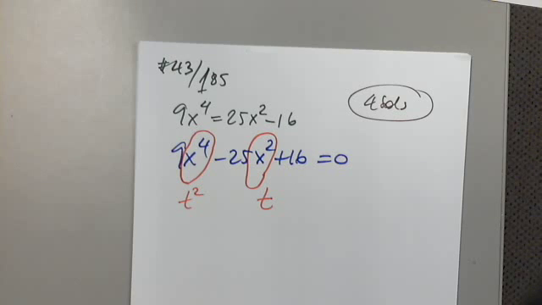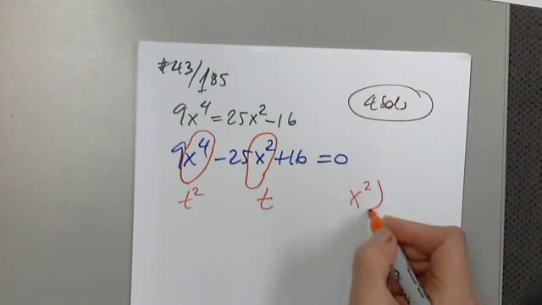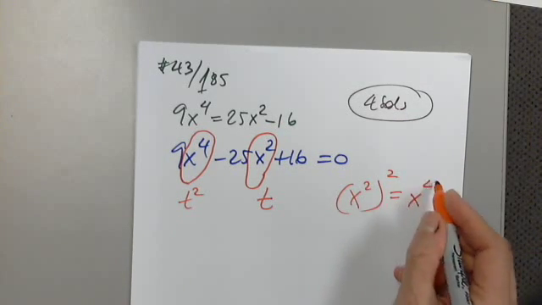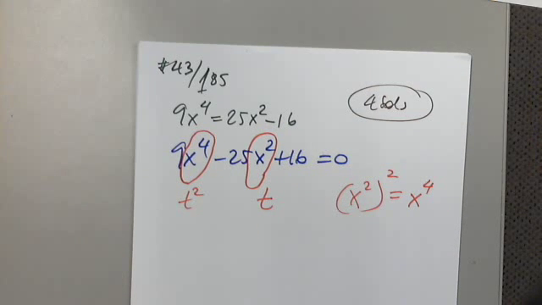How do we know it's t squared? Because x squared squared, copy the base, multiply the exponents, you get x to the fourth. Is that better? Good.